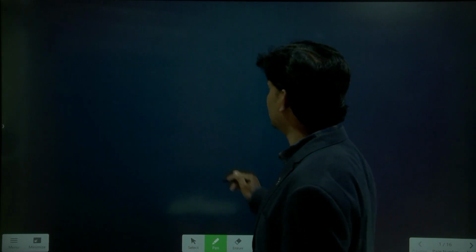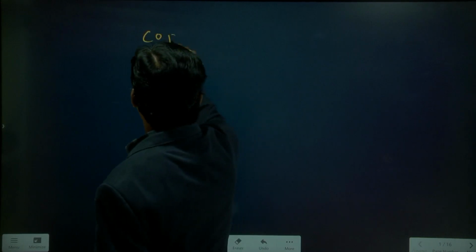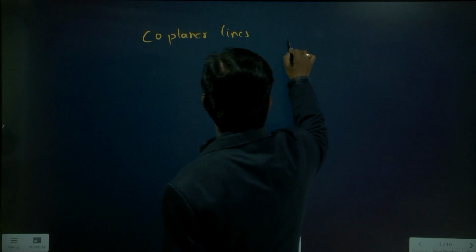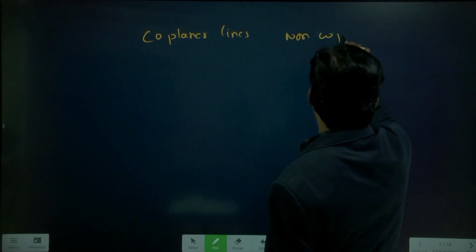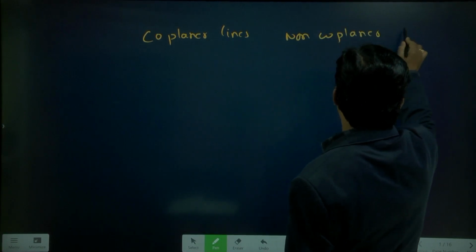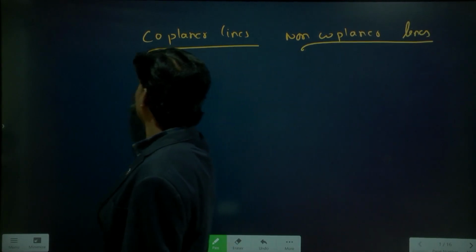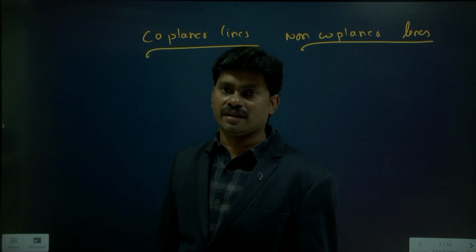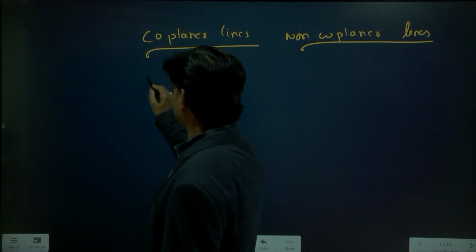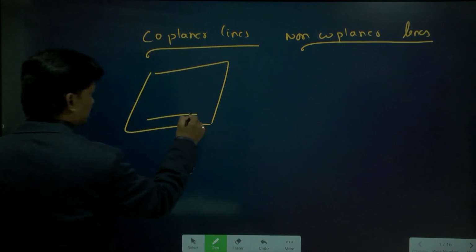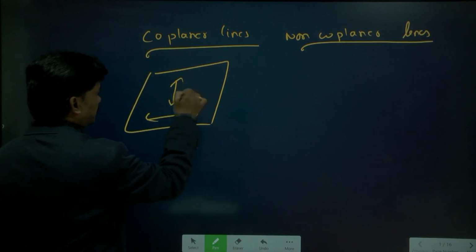And then we shall move to coplanar lines. Points over, now lines. Coplanar lines and non-coplanar lines. The same as coplanar points. So coplanar lines, we can say, are some lines on the same plane.